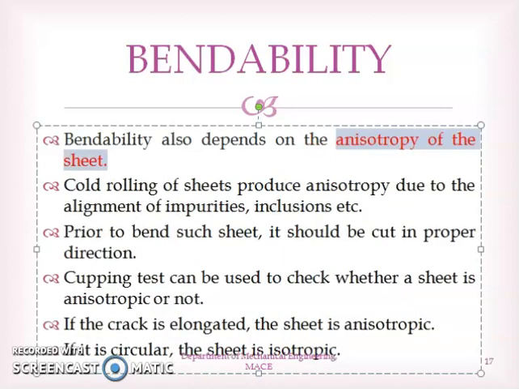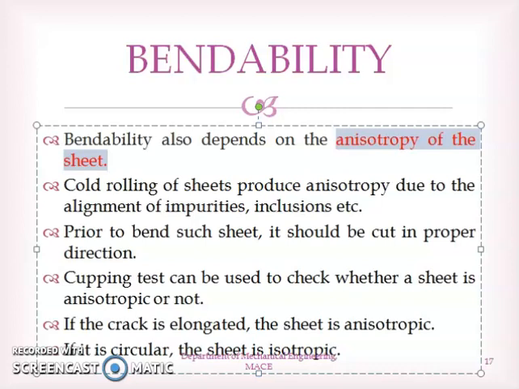Bendability also depends on the anisotropy of the sheet. Anisotropy means variations in physical characteristics of the metal along various axes. Usually cold rolled sheets produce anisotropy due to the alignment of impurities and inclusions. So prior to bending of such sheets, it should be cut in the proper direction.